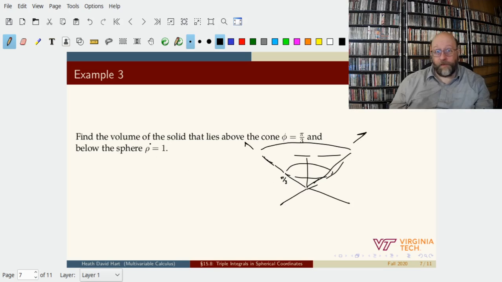So this is a cone that just goes on forever. The sphere rho equals 1 says we go from the origin 1 unit away at every possible combination of angles. And so that creates the sphere. The stuff that lies above the cone and below the sphere is this piece right here.